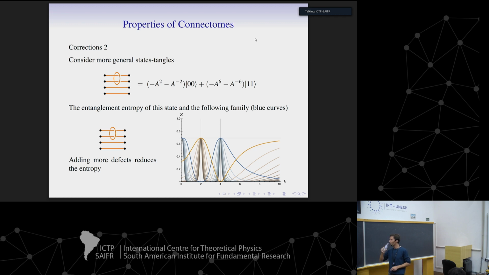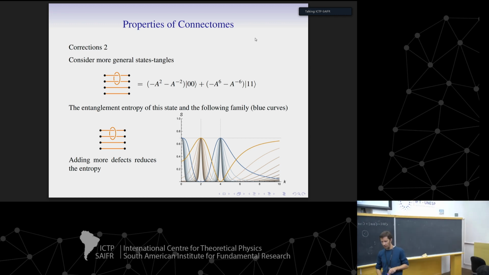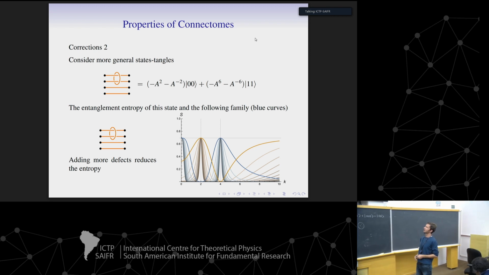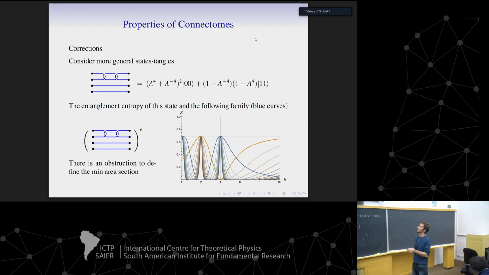You had these examples where the interactions were lowering the entanglement entropy. This is somewhat initially counterintuitive, saying that if you add more perturbation like this, additional lines, then you call it tangling, so you expect to have more entanglement in this case, but it's actually the opposite.